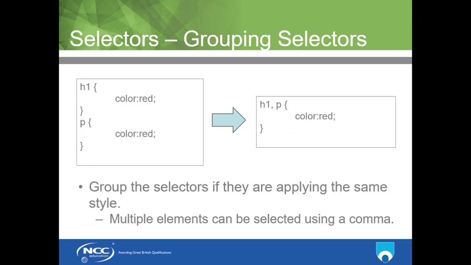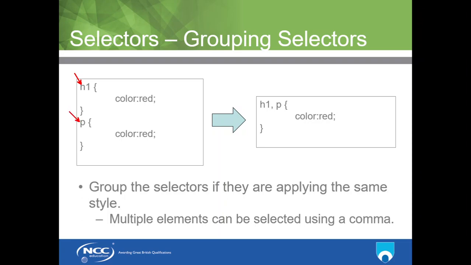Okay, so a few tricks here when it comes to using selectors. Just as a reminder, we said the selector is used to select a particular part of your HTML document which is going to be affected by the CSS. So, for example, we can have the H1 selector to select your heading ones.